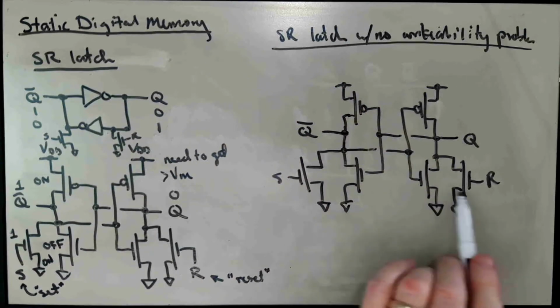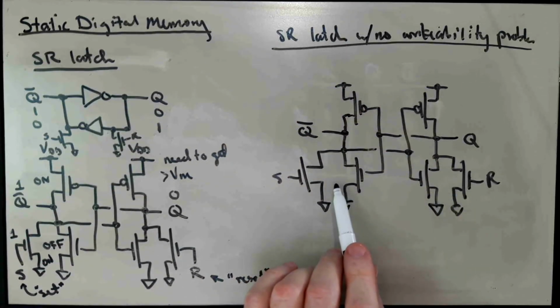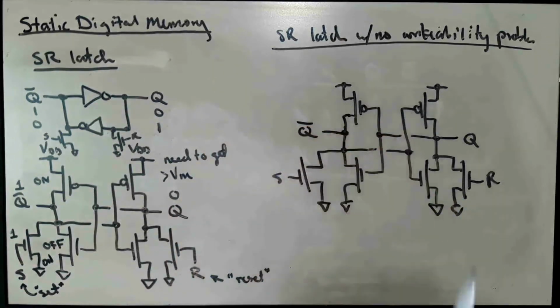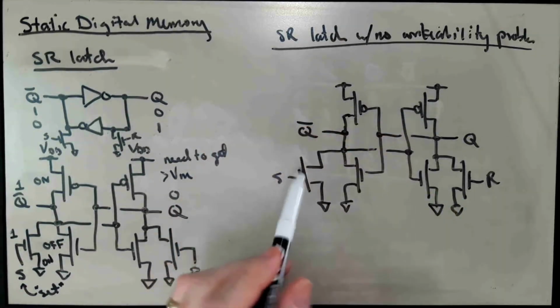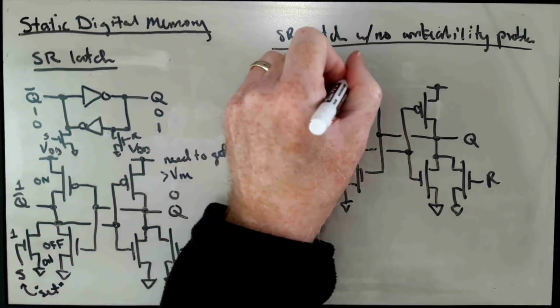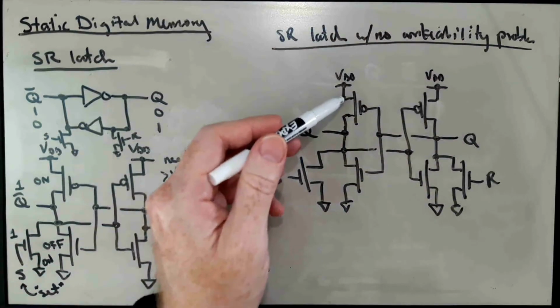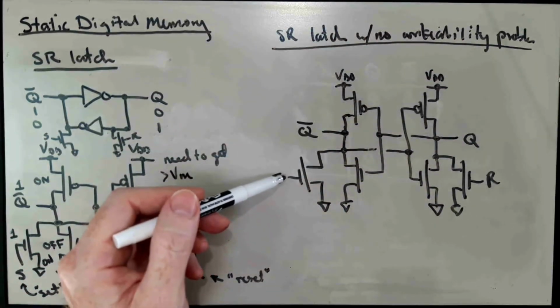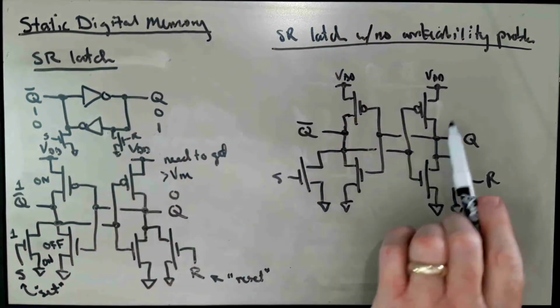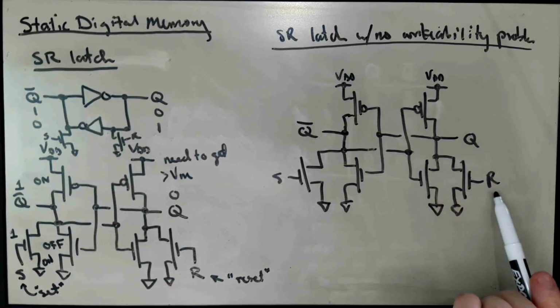So the thing that we're missing from the pull-up network here is a PMOS transistor that has the S input, and the thing we're missing here is a PMOS transistor that has its gate connected to the R input.